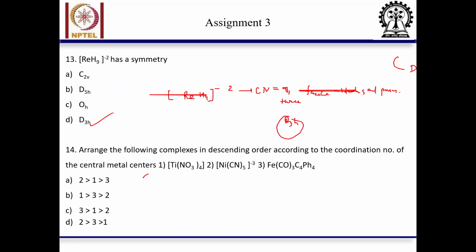Now can I go to the next question? Arrange the following complexes in the descending order according to the coordination number of the central metal atom. So this is a very simple question. Can everyone hear me? Okay, yeah. Can you just tell me what is the answer for question number 14?